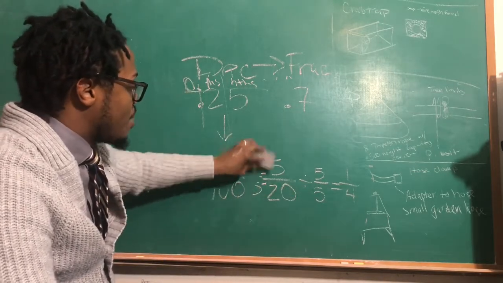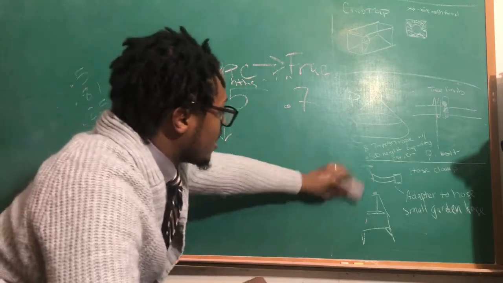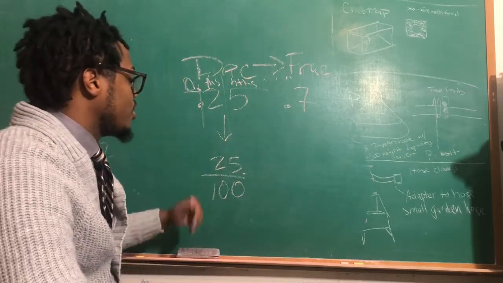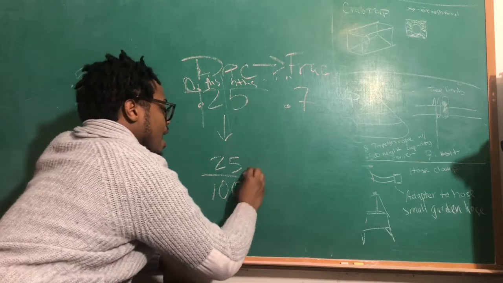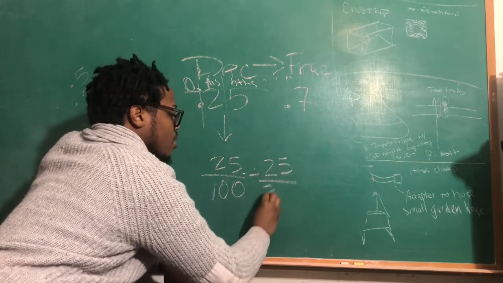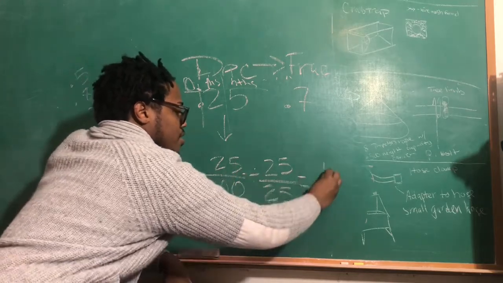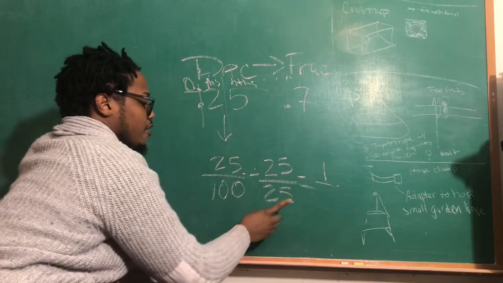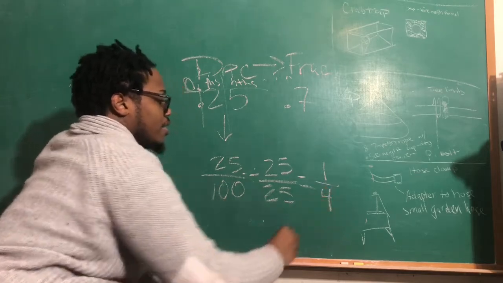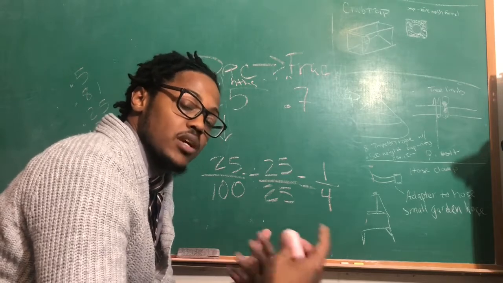So if I would go back, and if you got 1/4, that is correct, but there's another way we could have gotten it. We could have said, okay, well, 25 and 100, I could divide this whole thing by 25, right? 25 divided by 25 gives me 1. 100 divided by 25 gives me 4. Now that has to do with sometimes just familiarity of the numbers.